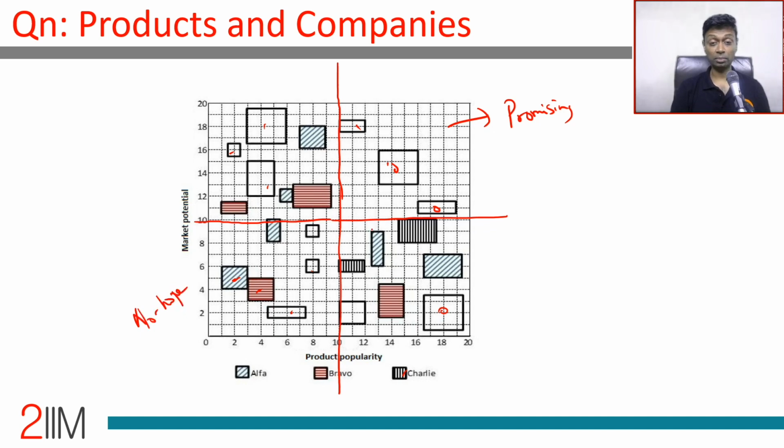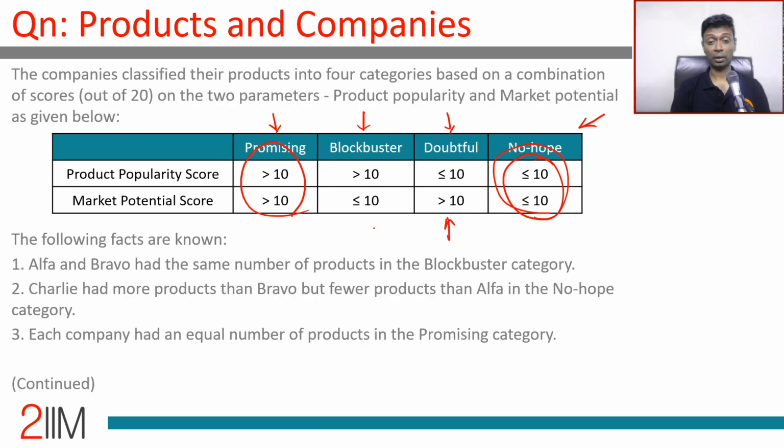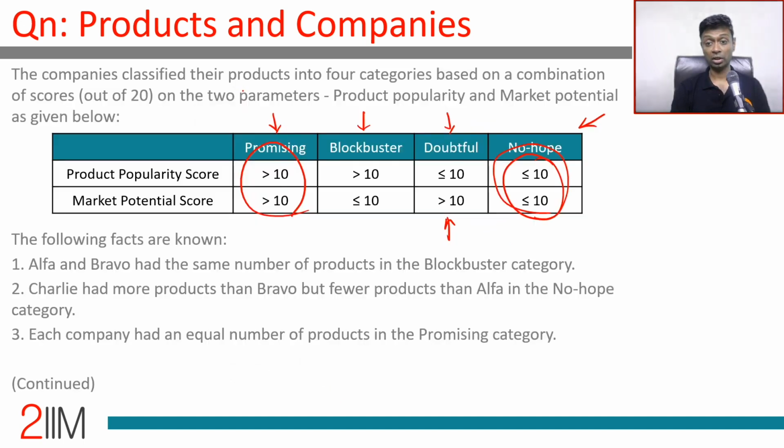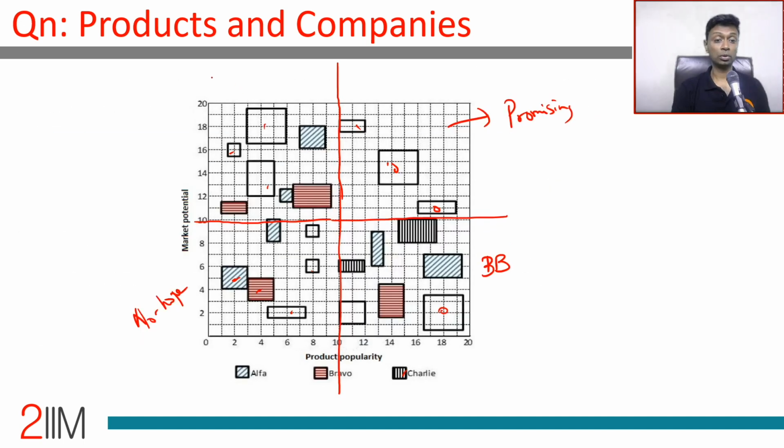And then we have a blockbuster, where market potential is lesser but product popularity is high, so this will be blockbuster. And this side will be, I don't know what it is called, that'll be doubtful. But the potential is there for the market, but we don't have a popular enough product. Right? Wonderful. So we're breaking it into 4 quadrants.